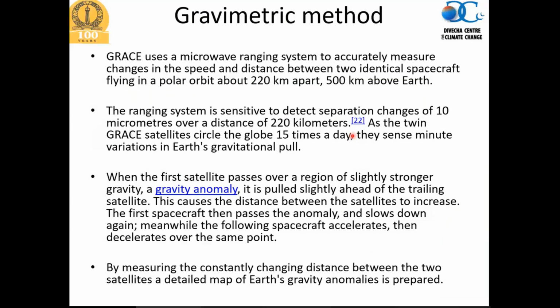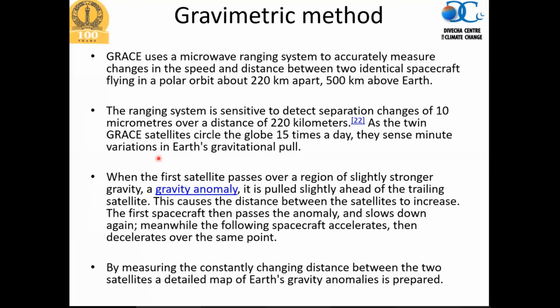Another method to estimate the mass balance is called the gravimetric method, where the GRACE satellite uses microwaves. Essentially, the GRACE satellite is measuring the gravitational pull, or gravitational field, of the Earth, and it has two satellites flying at around 220 kilometers and 500 kilometers above the Earth.